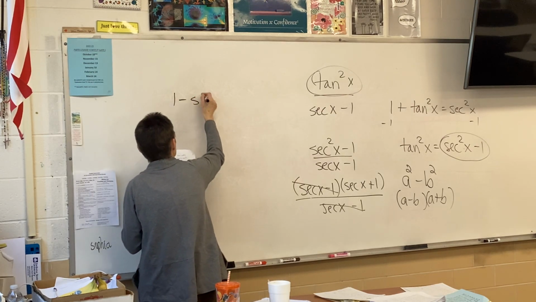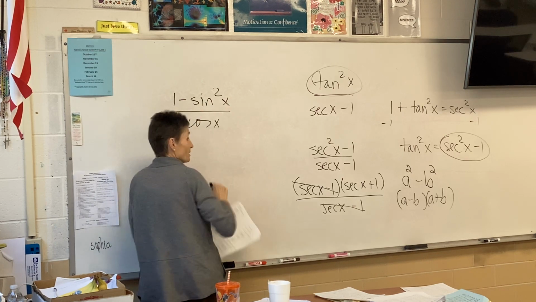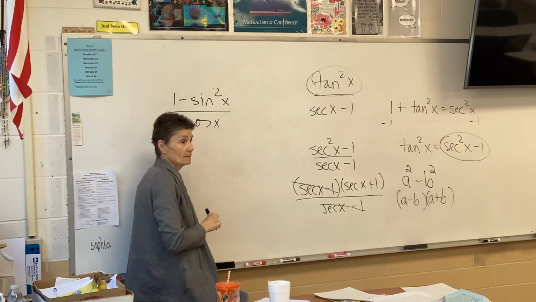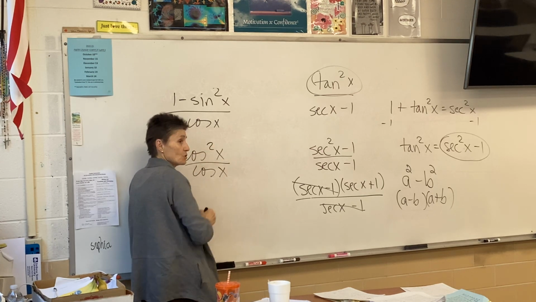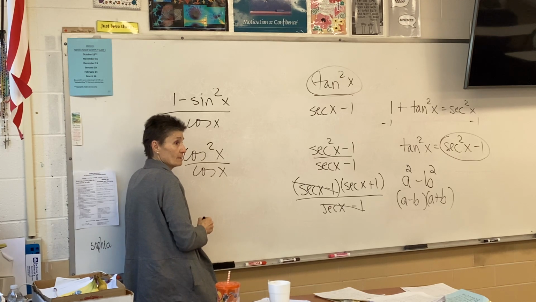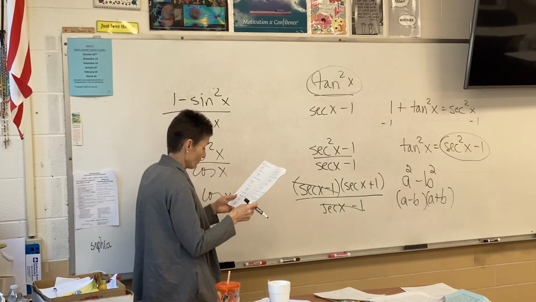Nobody notices anything about number 10? Cosine squared's on the top, isn't it? So now I have cosine squared over cosine, which is just cosine. Perfect, perfect, perfect.